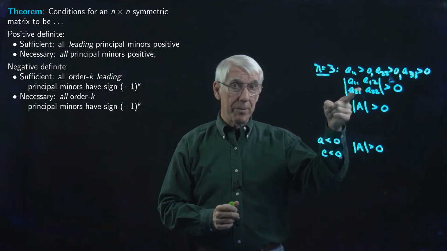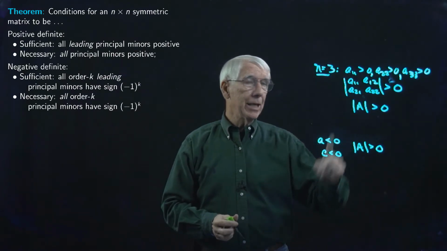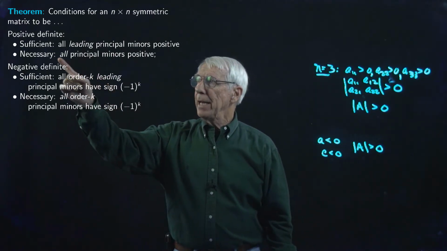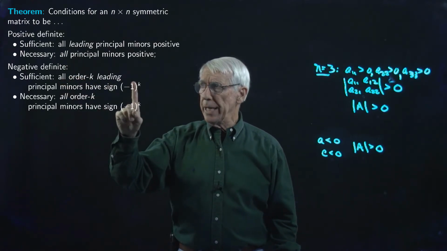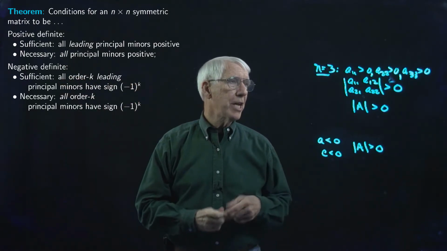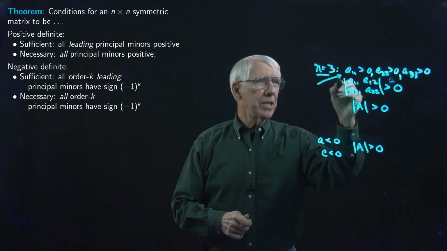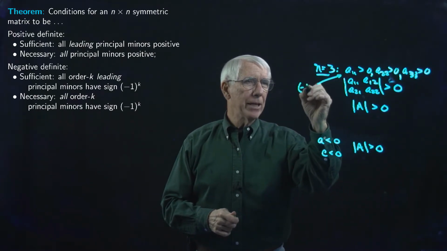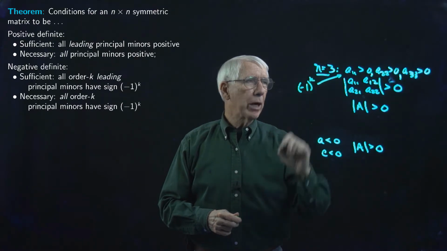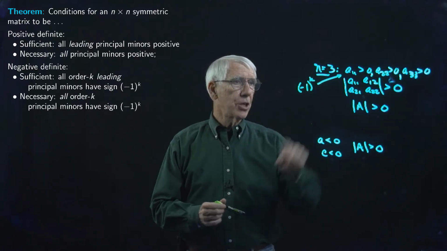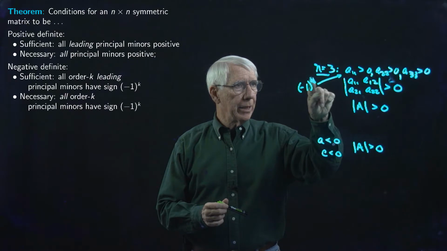In fact, we can just go up here and see. In the 3-by-3 case, it says that all of the order 1 leading principal minors have to have sign -1. So all of these have to have the sign -1 to the k, where k is 1.